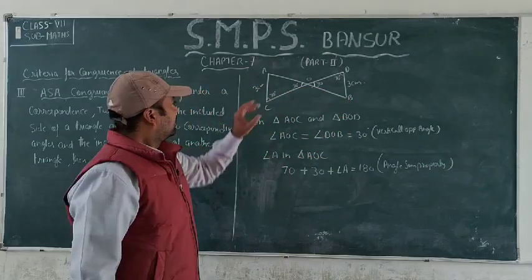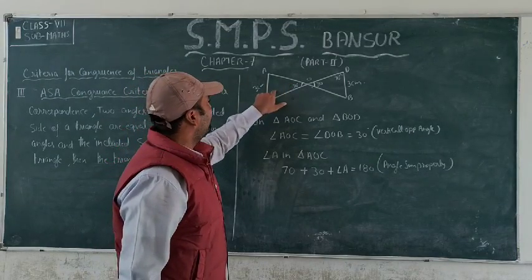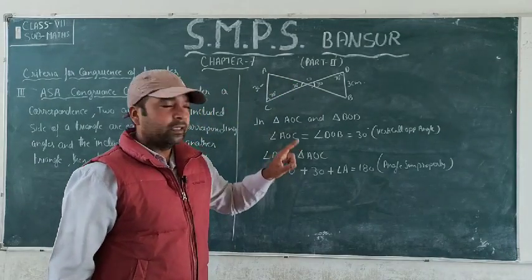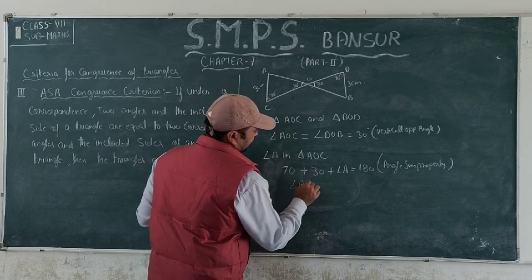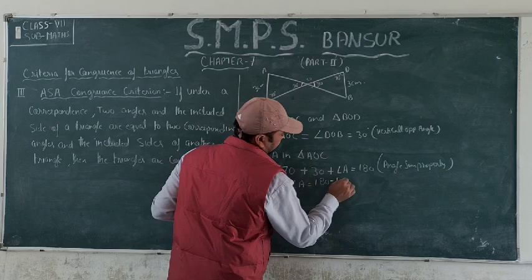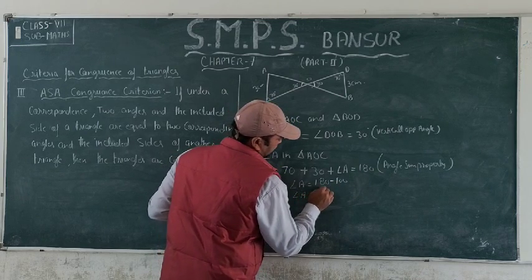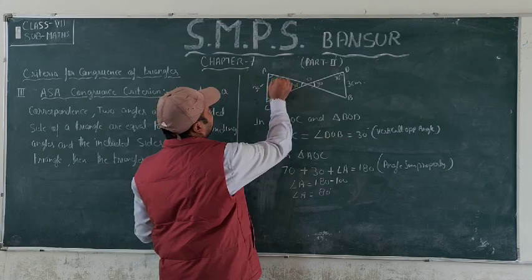We know that the sum of all the interior angles of a triangle is 180. Two angles are given, 70 plus 30, that is 100, and the total sum is 180. So we will subtract that. Angle A is equal to 180 minus 100. So the measurement of angle A is 80 degrees. This angle is 80 degrees.